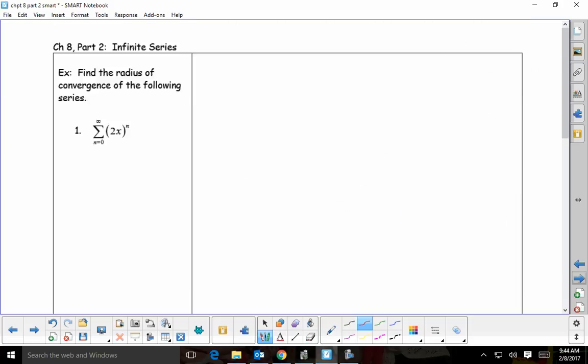Okay, so let's go look at this. It wants me to find the radius of convergence. So let's recall what we saw a little bit ago in our notes: the absolute value of x minus c is less than r. So the c is where I am centered, and when I get it to that format, my r is my radius of convergence.